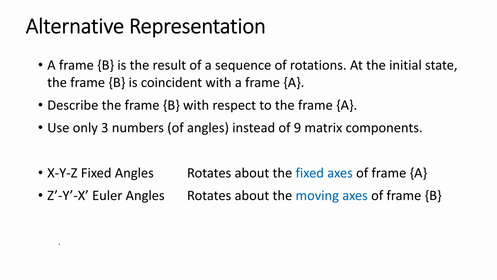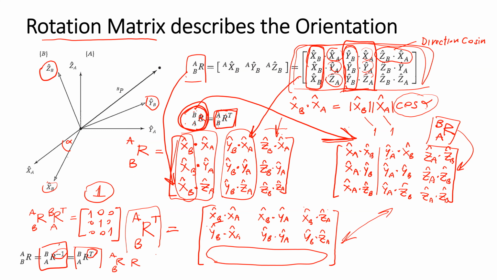So we see that to compose the rotation matrix, we need to obtain the dot product of 9 components.